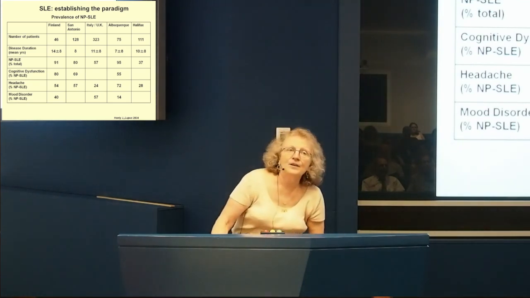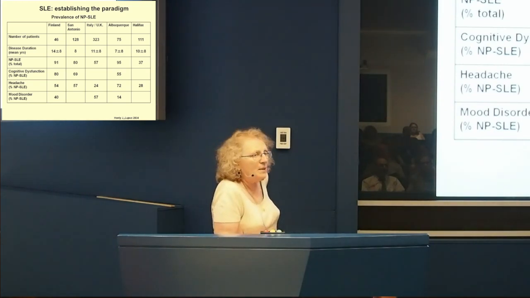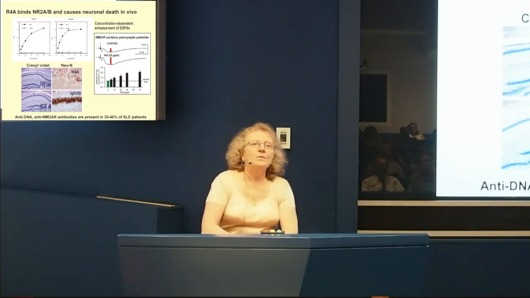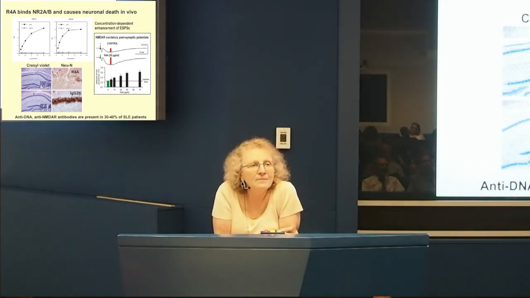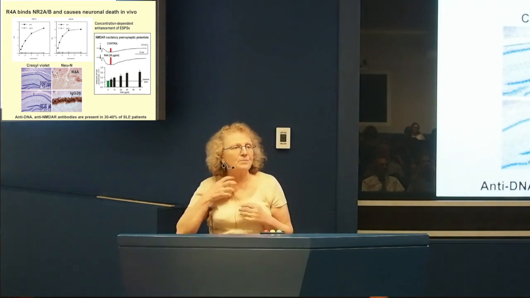I'm going to tell you a little about antibodies we became interested in for their potential in explaining cognitive dysfunction and mood disorder. What we identified some years ago was a subset of anti-DNA antibodies, and anti-DNA antibodies are the hallmark of lupus.